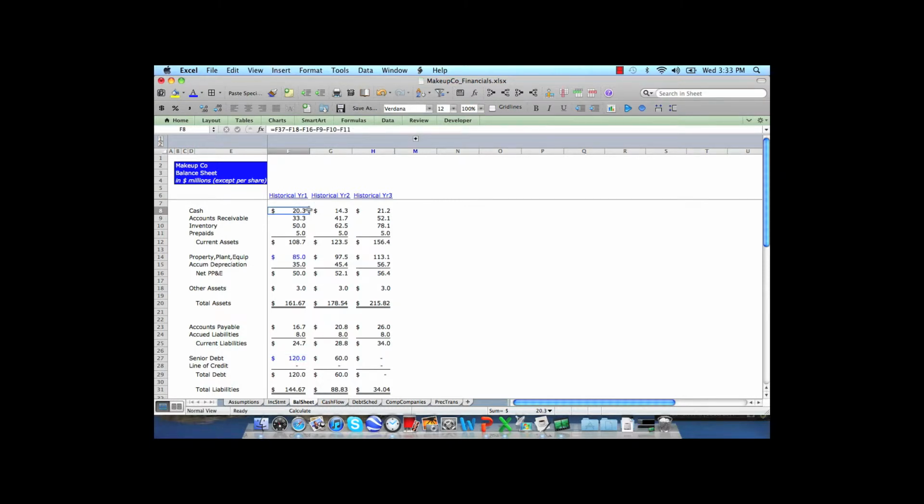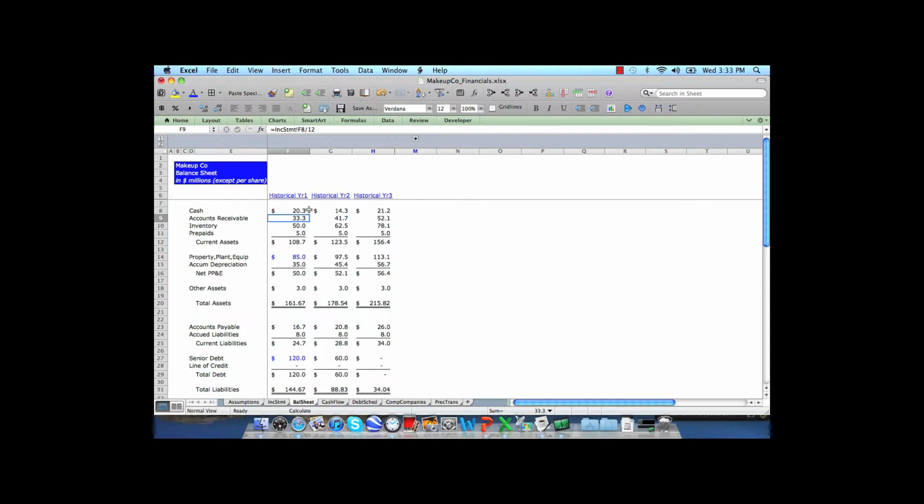Looking back historically, we can see that this company has a healthy amount of cash. These are in millions, so 20 million of cash. Receivables, which are tied to the income statement, and we'll get into this in some future modules as well, but it's common to forecast receivables as some sort of days versus sales.